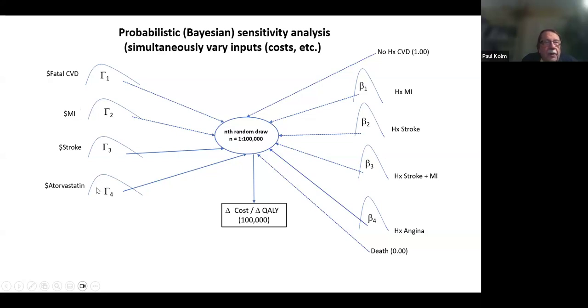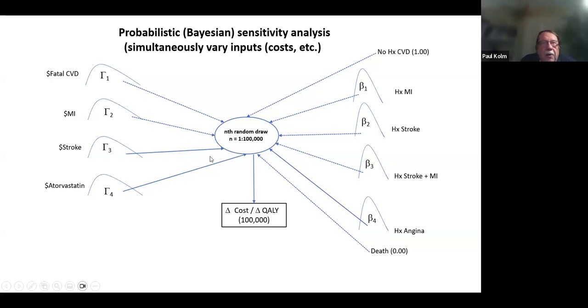And here's a distribution if they're taking atorvastatin. And then over here are our beta distributions for our quality of life, if they have a history of MI, history of stroke, and so on. And so we're going to do 100,000 random draws to come up with a distribution of the cost effectiveness. And that's going to be, for the 100,000 random draws that we make, the mean cost divided by the mean quality adjusted life years.